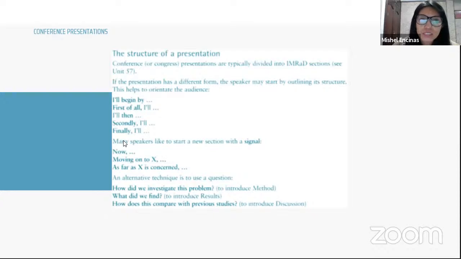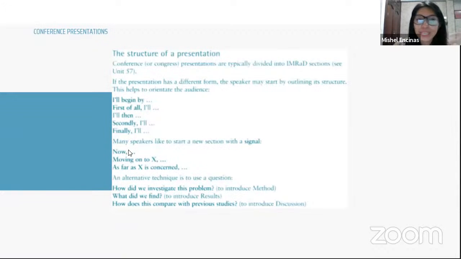These starting phrases are so important because they are outlining, okay? That helps to orientate the audience. Many speakers like to start a new section with a signal.